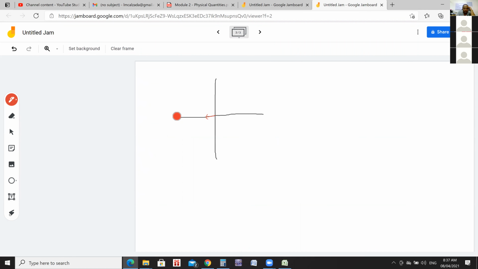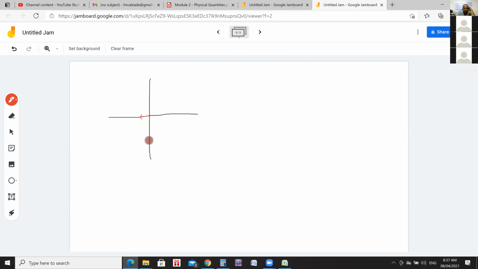Where is the negative 10.21? It goes downward. If we put them head to tail, this is what forms, so that we can get our resultant.